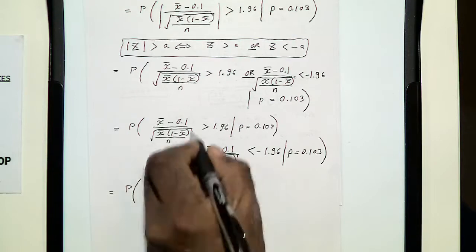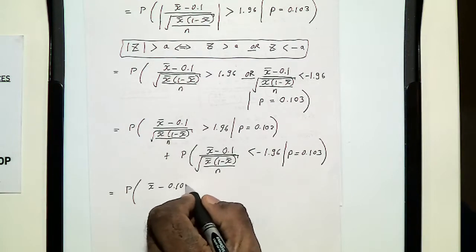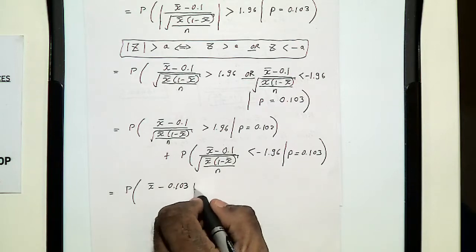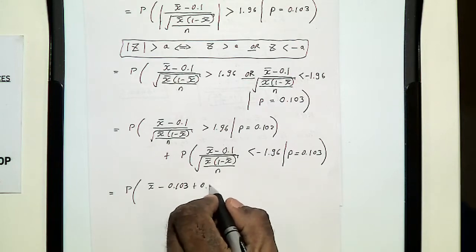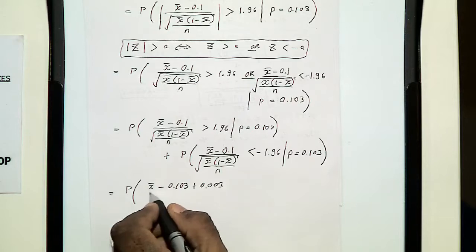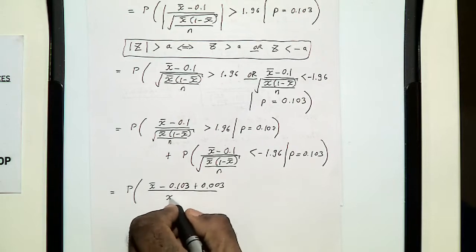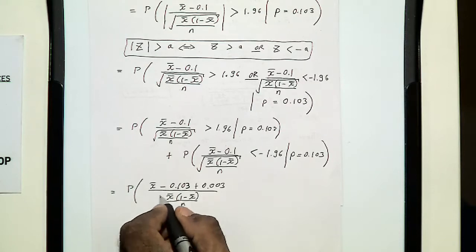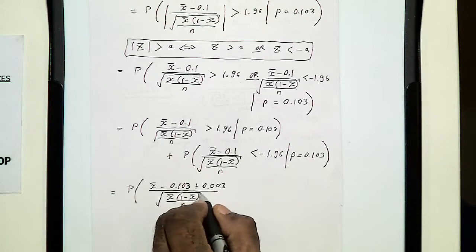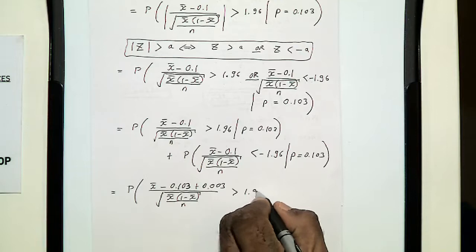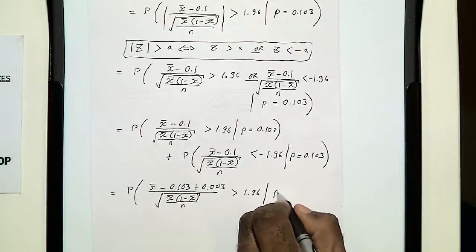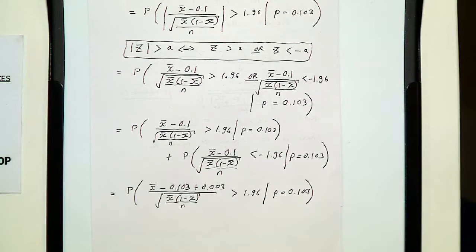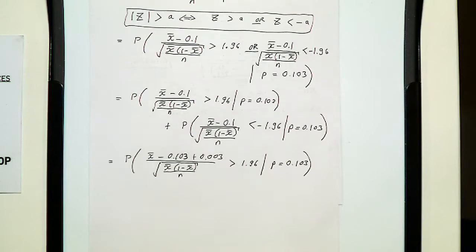So I'm going to change this guy to 0.103, and because I've done this, I need to add this. You see what I've done?